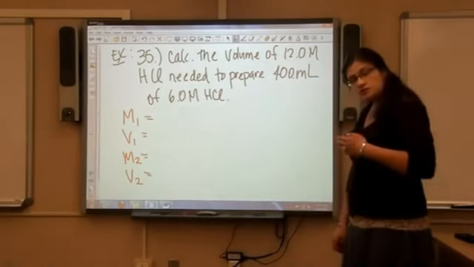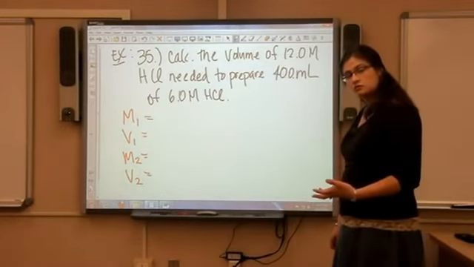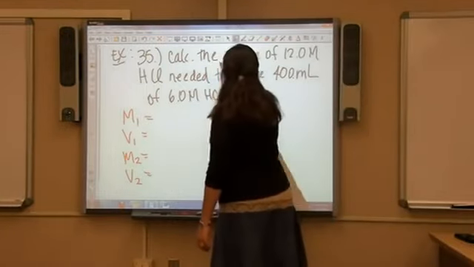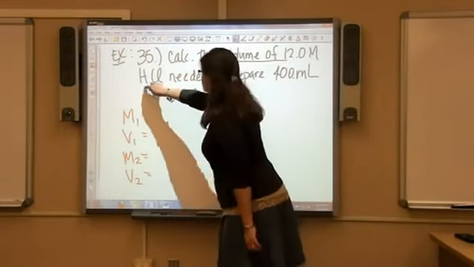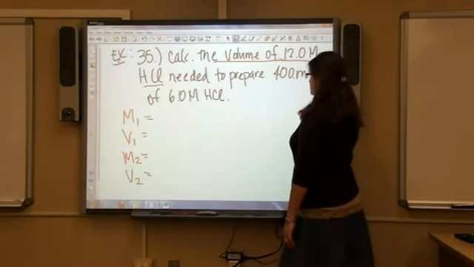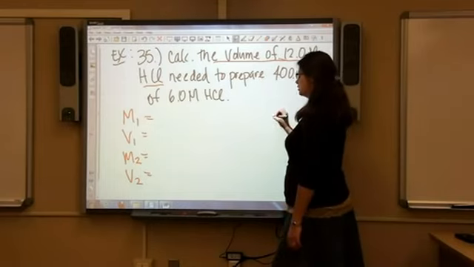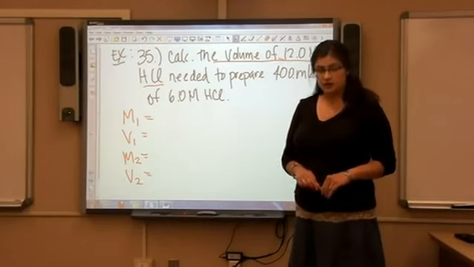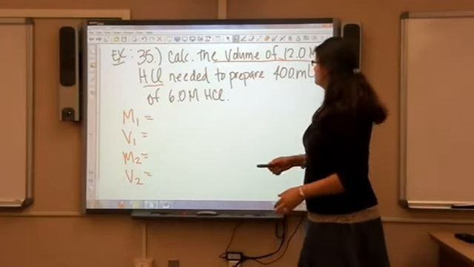And then it's best to just go systematically through each part of the problem. Calculate the volume of 12 molar HCl needed to prepare 400 milliliters of 6 molar HCl. Okay, this is tricky, so just be really careful.